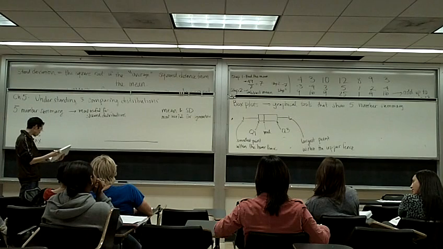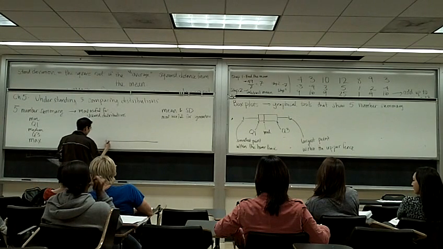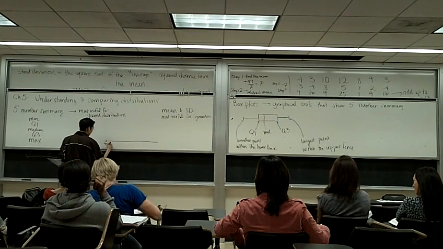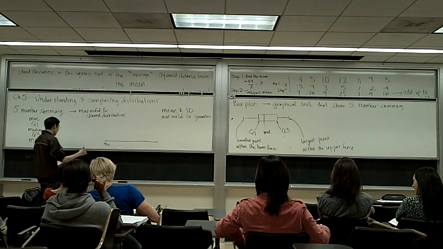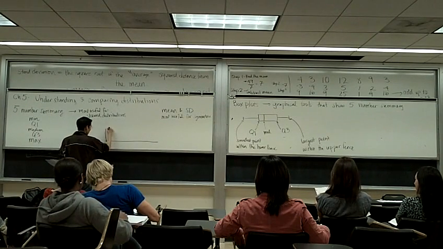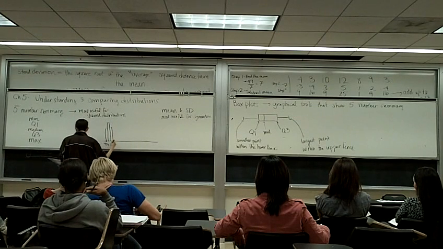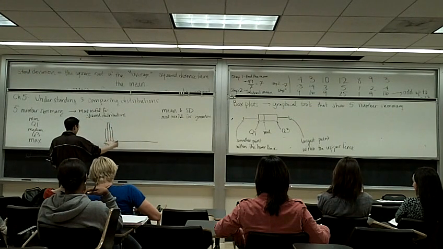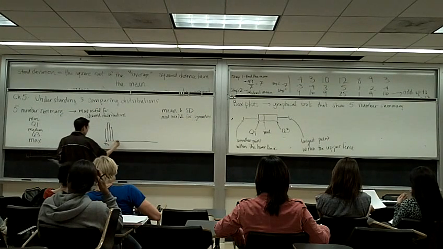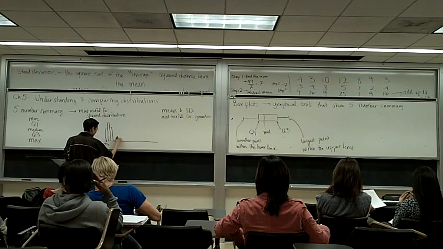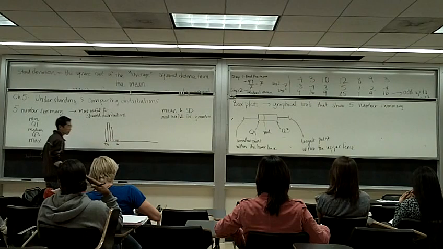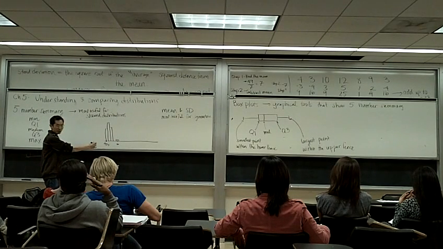Okay, and so the distribution of times. The fastest was close to 40-something seconds. So the distribution of times looked something like this. We had a bunch of short times. This is already at 60 seconds, and we had a couple of people that were considered very slow by Olympic standards.